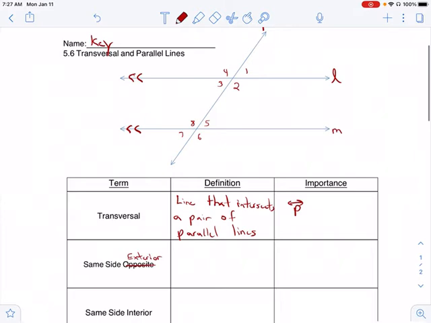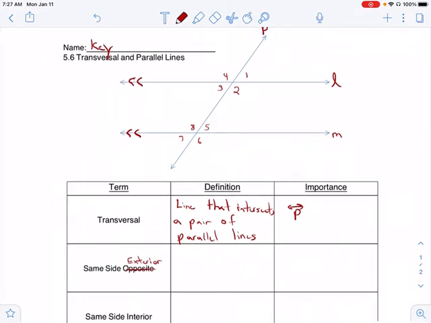And then these relationships that we have underneath really tell you about whether it is on the same side of the transversal, and whether it is between the parallel lines or not in between. So if I take a look at this first one, and we'll try to highlight it. First, a little bit of a correction that we need, that this should be same side exterior.